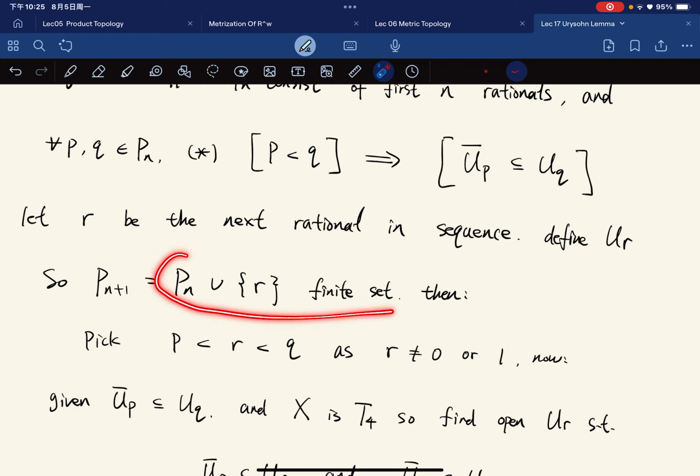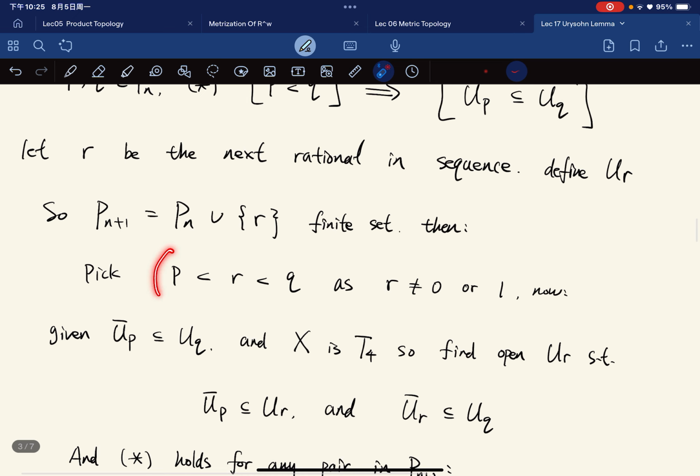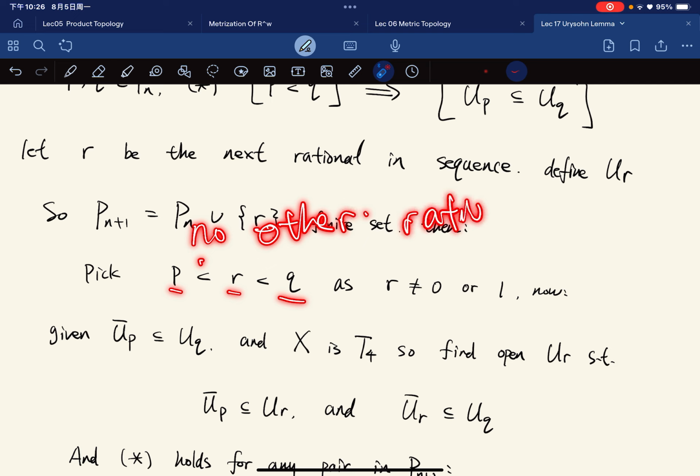Right now, we see that this is a finite set. No matter what, this is a finite set. Then we can pick P and Q, with P strictly less than R and Q strictly greater than R, and there are no other rationals in the set between them.